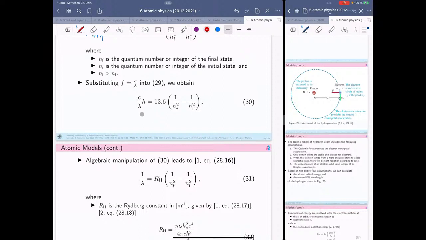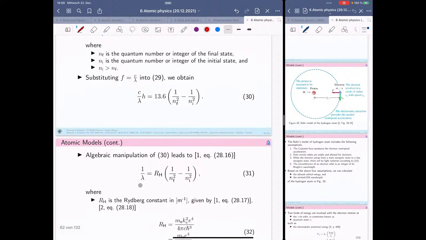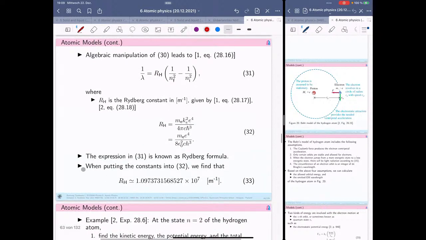If you pay attention to the wavelength of the photon, you would get this. Ni should be greater than nf, otherwise you get a negative value here, and it's impossible to have a negative value for the wavelength. Wavelength should have a positive value.